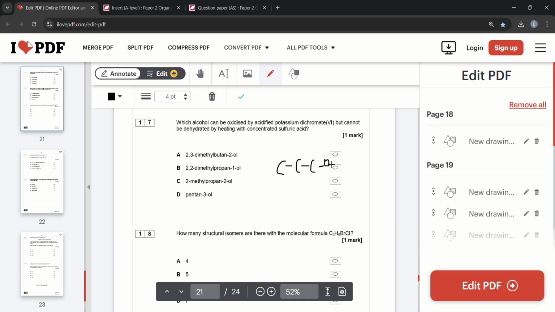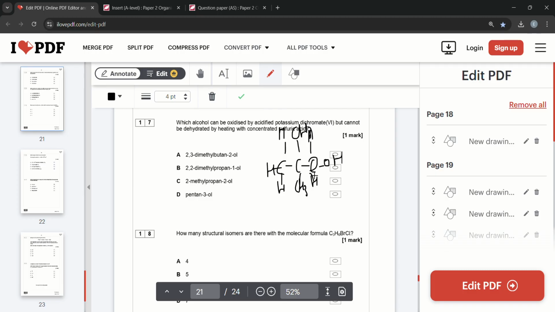Alkyl group on the first carbon. Methane, ethane, propane. 2,2-dimethyl. CH3, CH3, H.